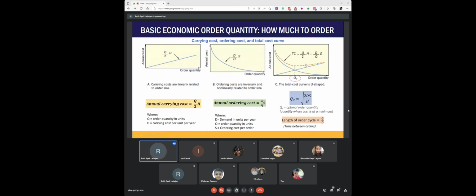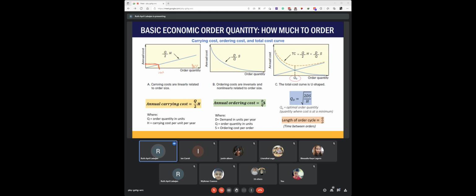Before I go further, let me discuss the carrying cost. The carrying cost is basically linearly related to order size. The higher your order quantity, the higher the cost. Let's say that here, your order is 3,000 units, and here 1,000. If your order is 1,000, your carrying cost, your annual cost, is somewhere here.